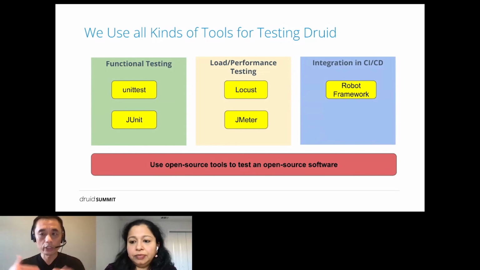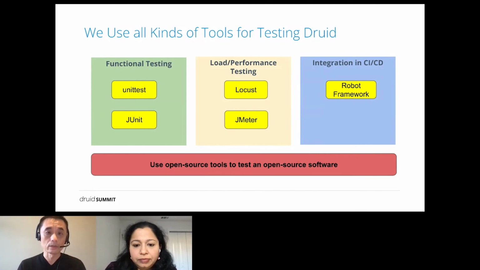For integration in CI/CD, nowadays we use the Rodeo framework. Druid is open source software, so we mostly use open source tools to test it. It's best to use open source to test open source, right?